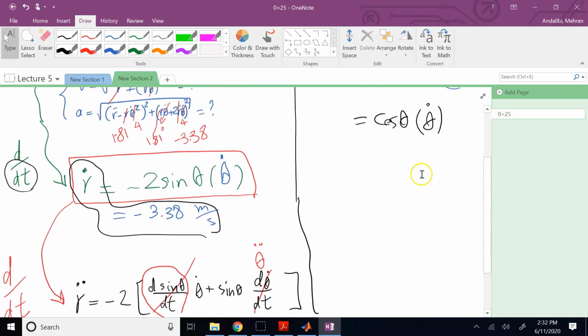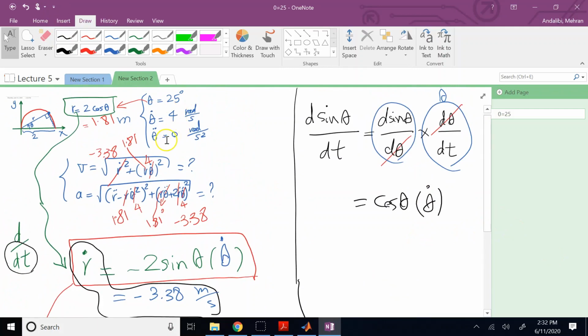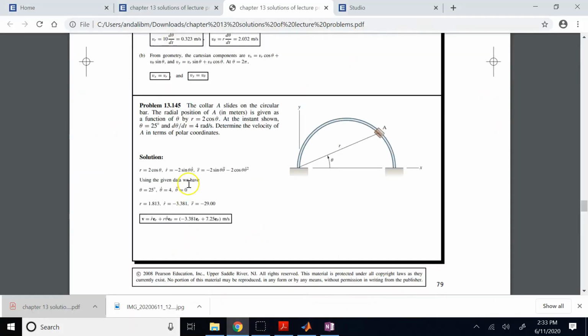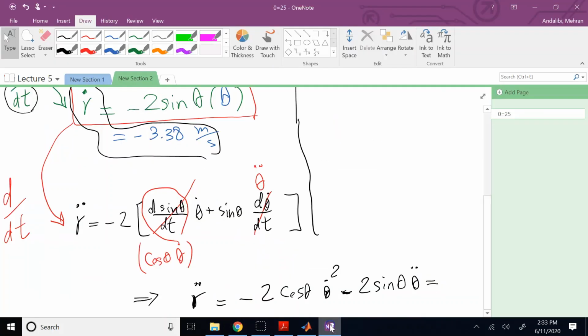And now I plug in the numbers, 25 degrees, 4, and 0. If I calculate the number at that moment for r double dot, the number is going to be -29 meters per second squared.